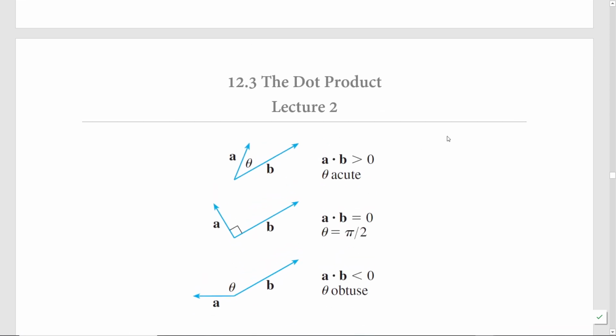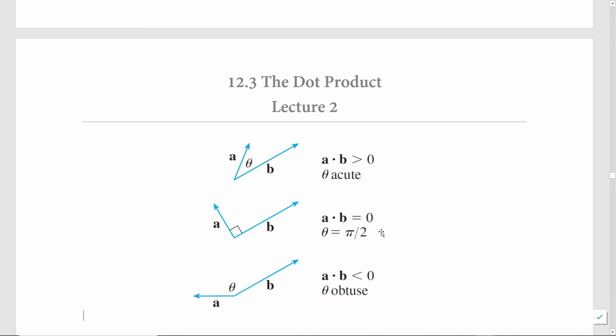The dot product can also be used to know whether the angle between the vectors is acute, 90 degrees, or obtuse. The angle between them is acute if theta is strictly between 0 and 90 degrees.